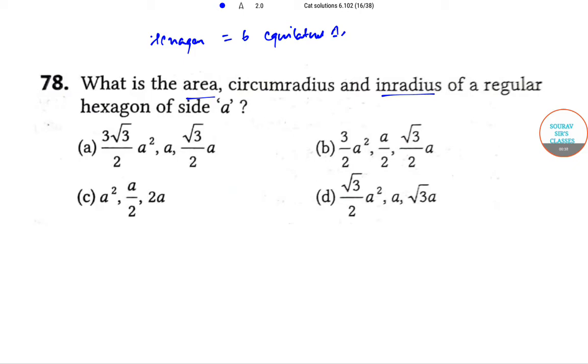So let us draw a hexagon first. This is the hexagon. This is the incircle. And this is the circumcircle.